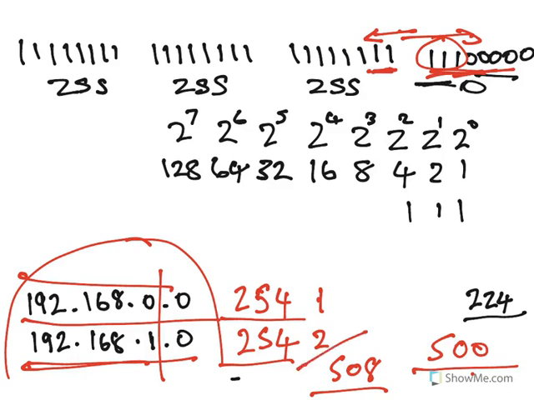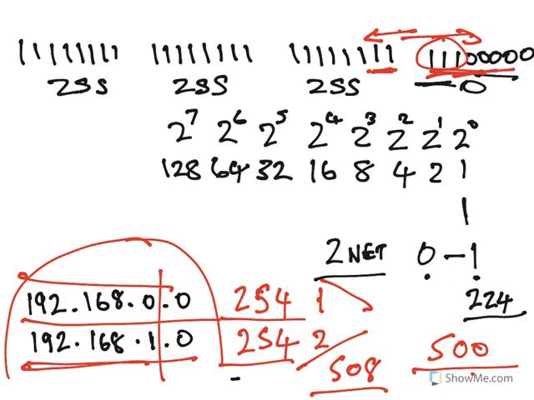We need those 2 networks joined together, so I've got to look at this table and work out how to get to 2. If I take just the first bit, that gives me 0 to 1, so the 0 network and the 1 network, which is 2 networks. That's all I need, so I need 1 bit.